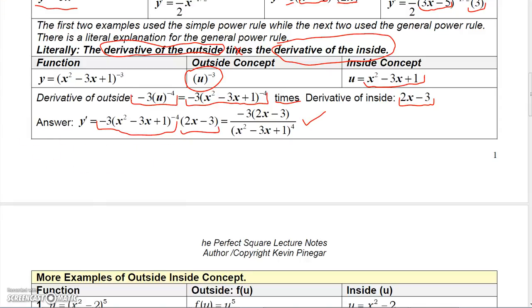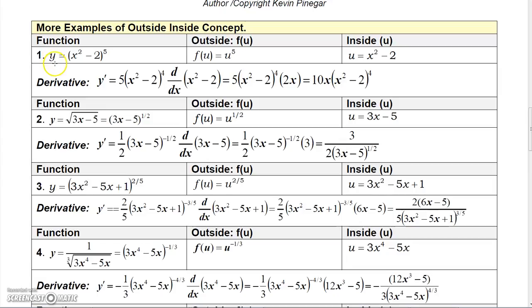Okay, so we can speed this process up now that we understand this inside-outside concept. So if I wanted to take the derivative of x squared minus 2 to the 5th, I would think of the outside as being a function of u, where I have u to the 5th, where u, the inside, is simply x squared minus 2.